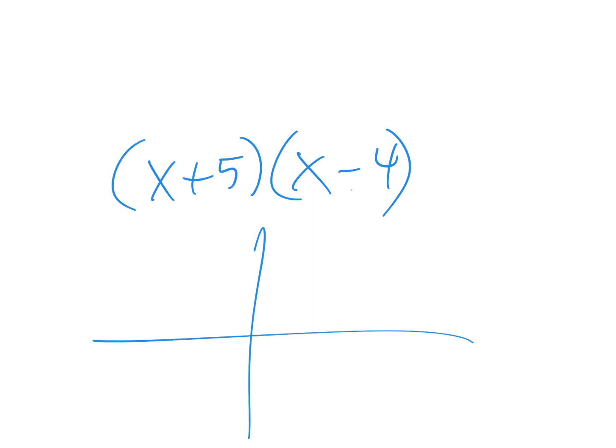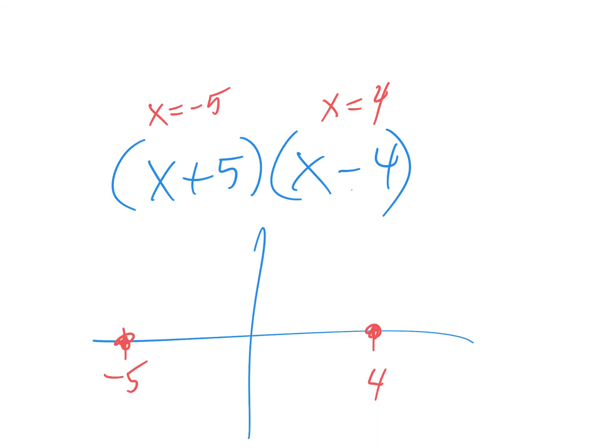I know it touches at x equals negative 5 and x equals positive 4. Those are called the zeros. So those are my two x-intercepts. One's at negative 5, hits right there, and one's at 4. Hits right there.